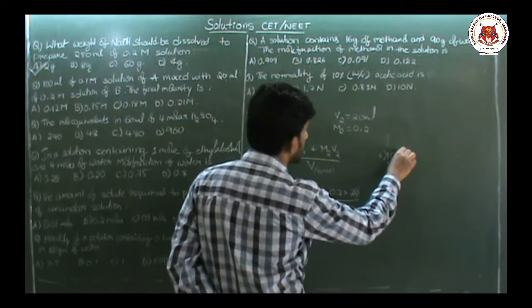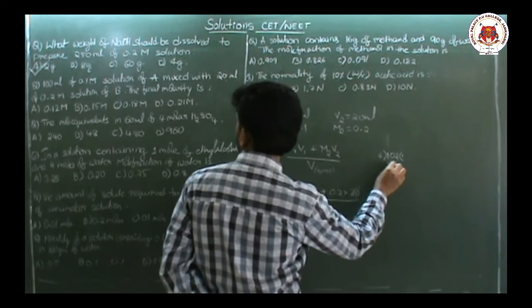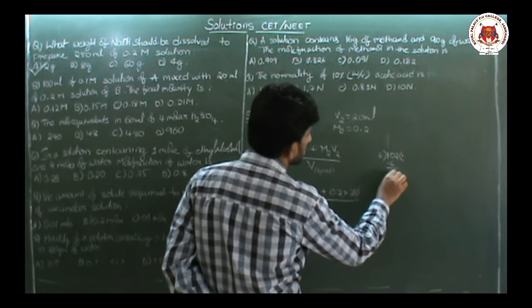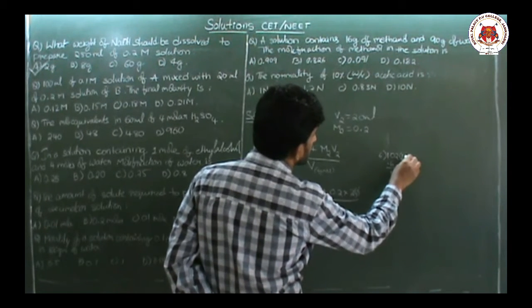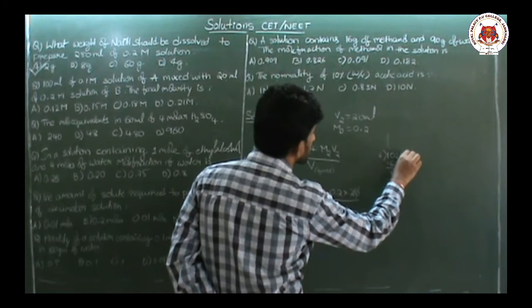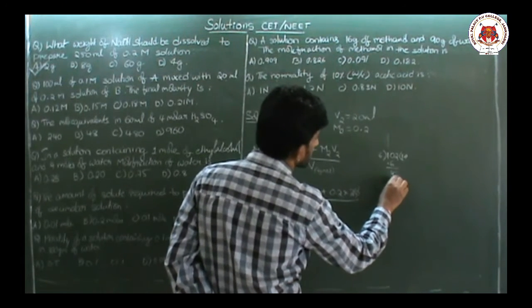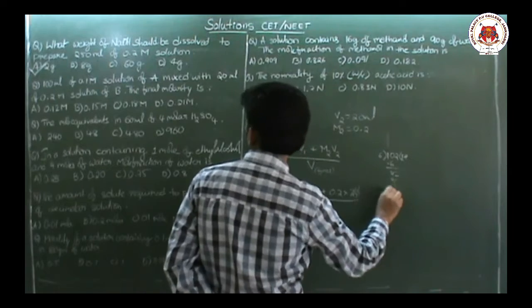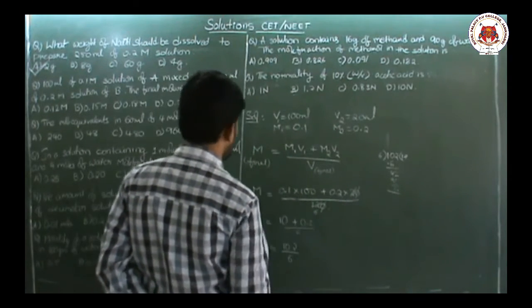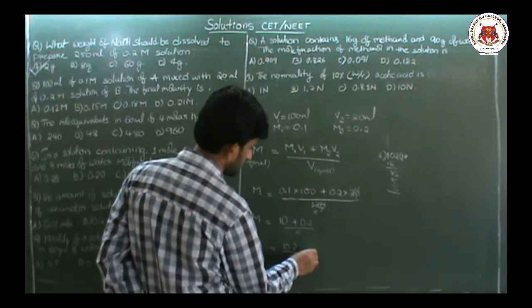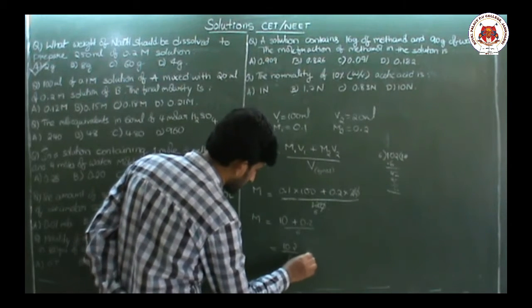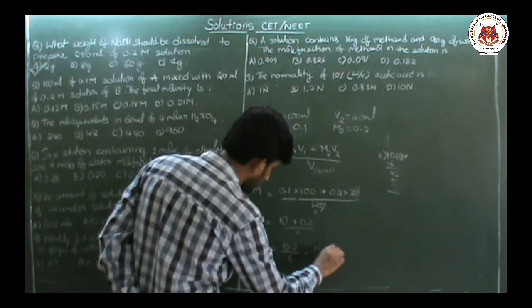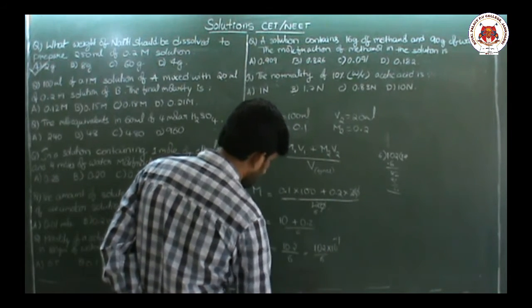So you got it as 17. I am writing this as 102 into 10 raised to minus 1 by 6.